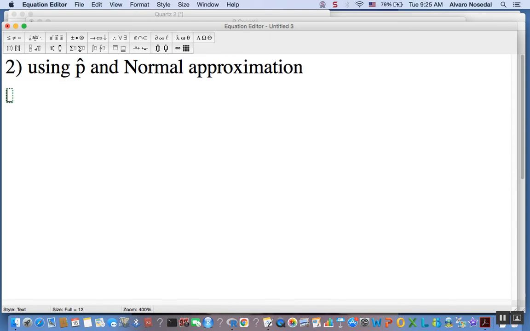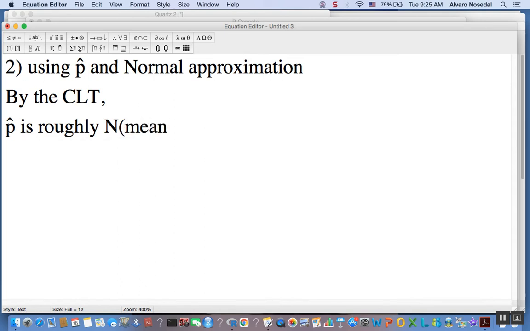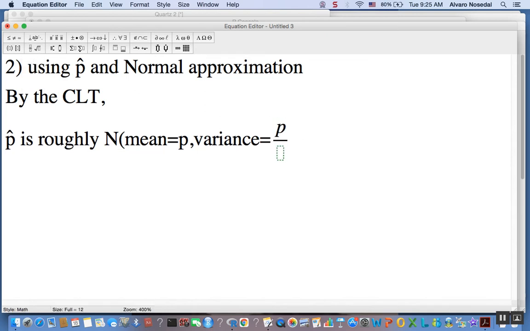What we mean by that is that, by the central limit theorem, p hat is roughly normal, with mean p and variance p times 1 minus p divided by n.